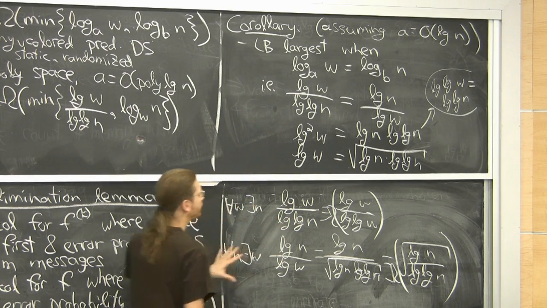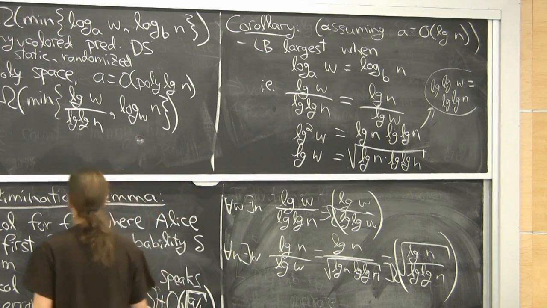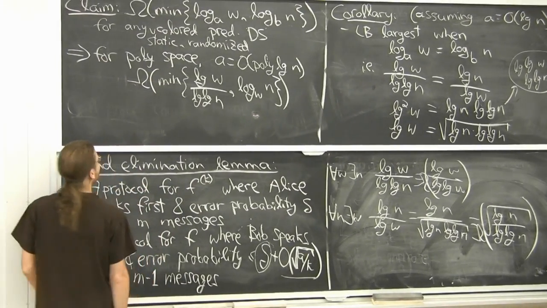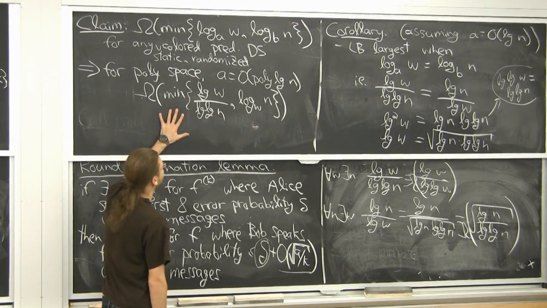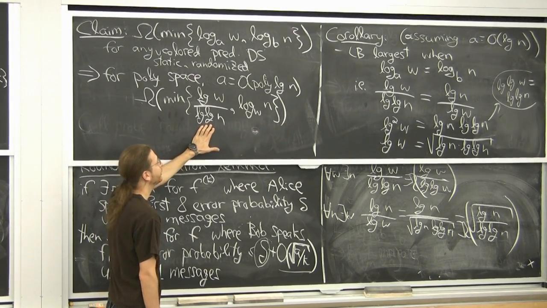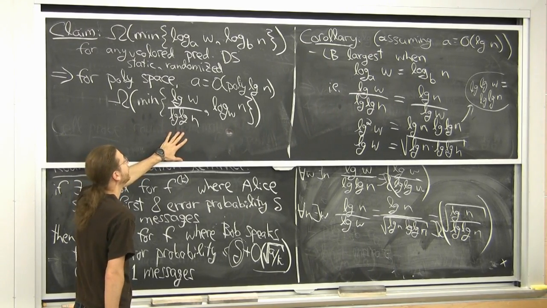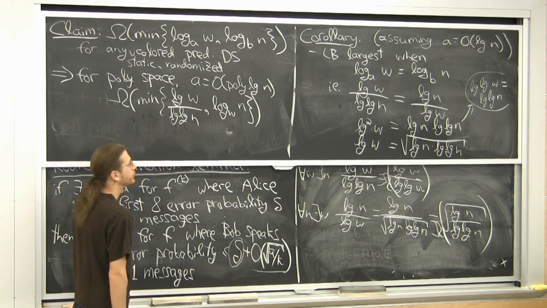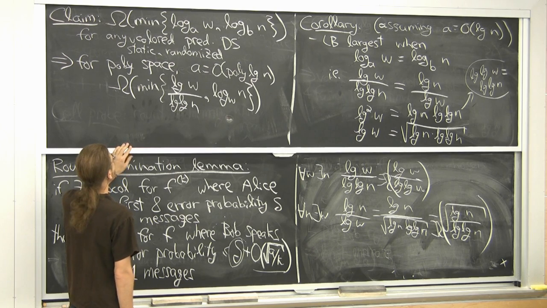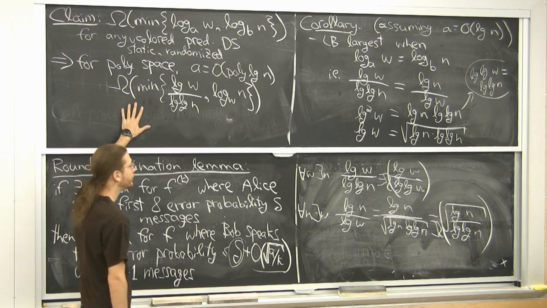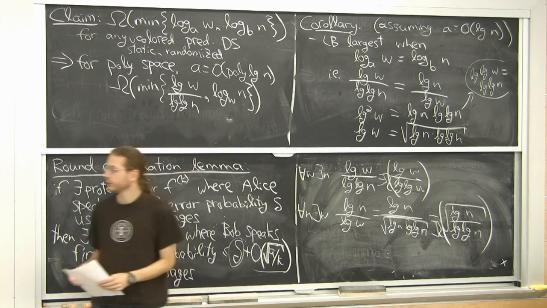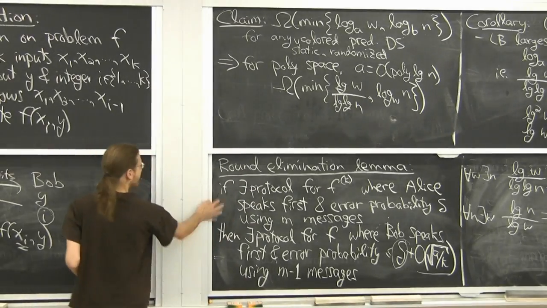So this implies the Beame-Fich-Zhao bounds, but I prefer this form because it's clear up to this log log n factor, we understand the complete trade-off between w and n, assuming polynomial space. Okay, so we're going to prove this bound, which implies all this stuff, using the round elimination lemma.